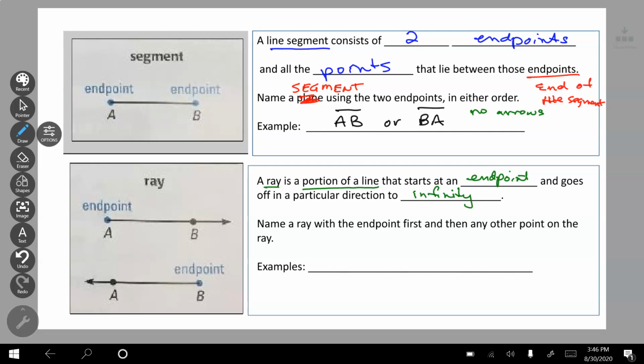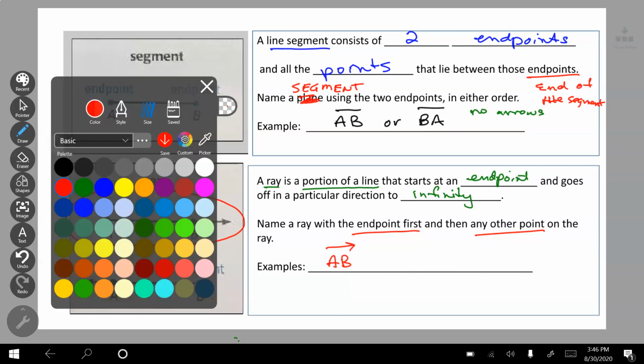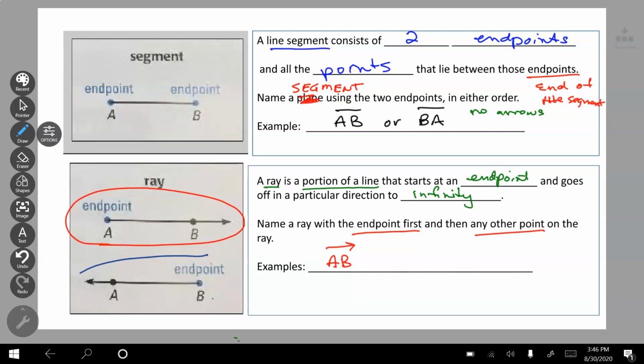Whenever we name a ray, we start with the endpoint first, and then any other point that's on the ray. So for this example, I'll circle it a little in red. This is ray AB. This one I'll do in blue. This is ray BA. Ray AB starts at point A, goes through B, and goes on forever. BA starts at B, goes through point A, and goes on forever.